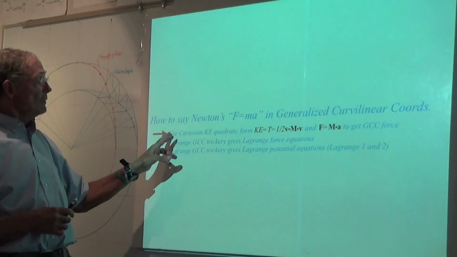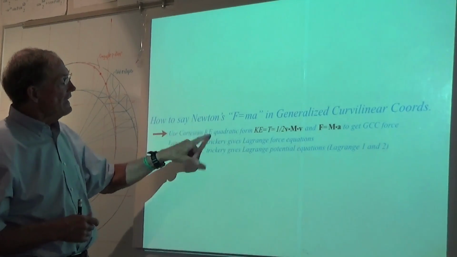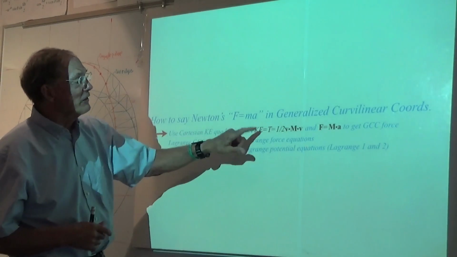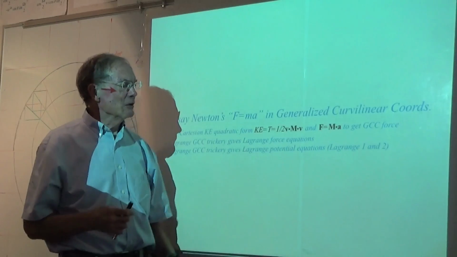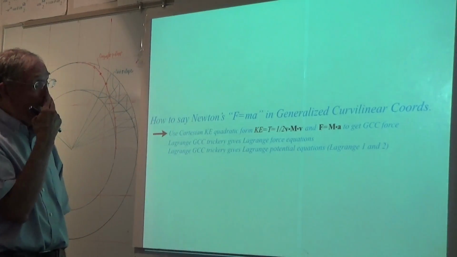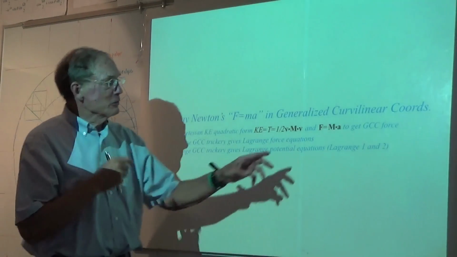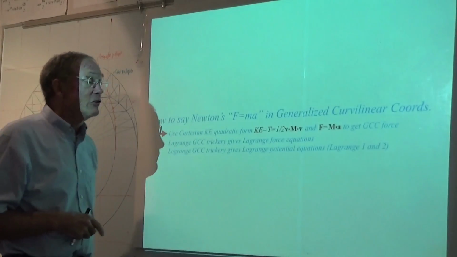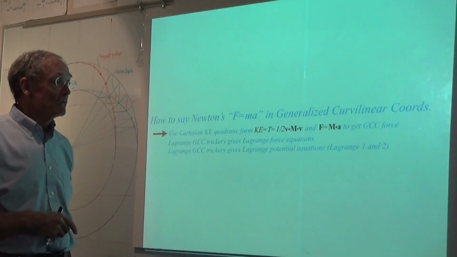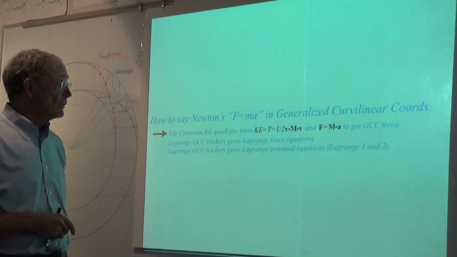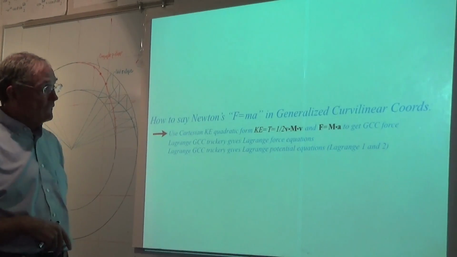So what I'm going to do here, I'm going to use the kinetic energy quadratic form, which I think we all know and love. We're going to use the Lagrangian one, the one that's a function of velocity. And we're going to use our Cartesian force to acceleration relationship to pull this off.